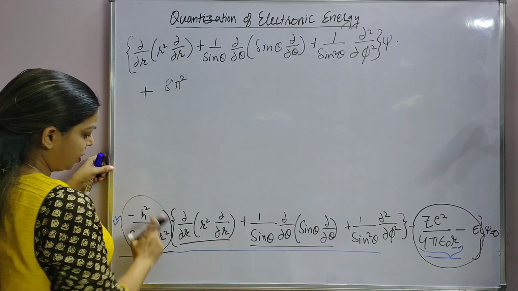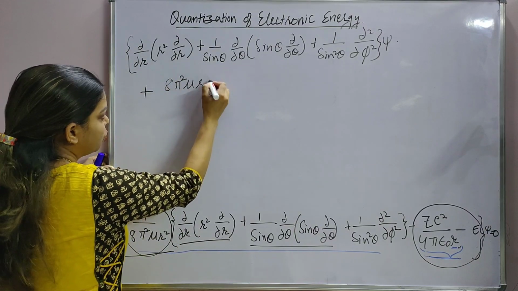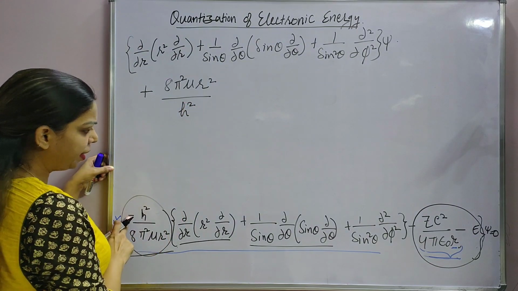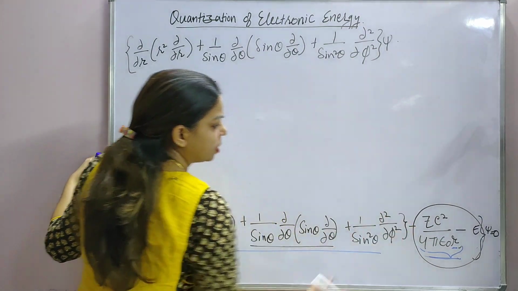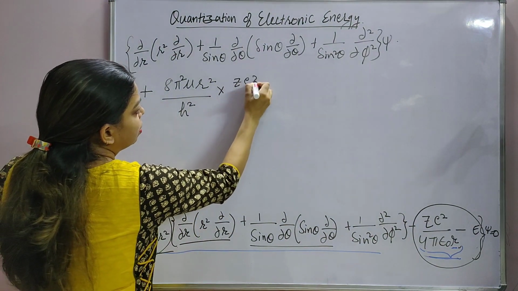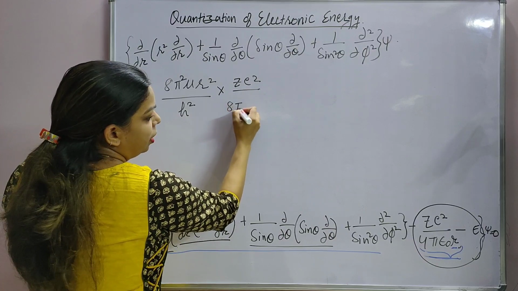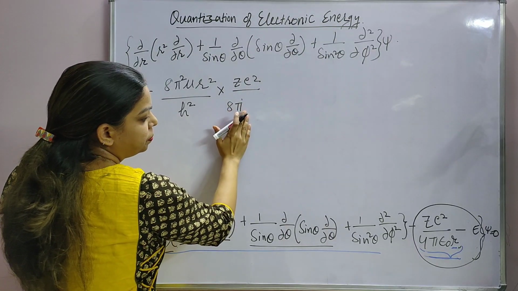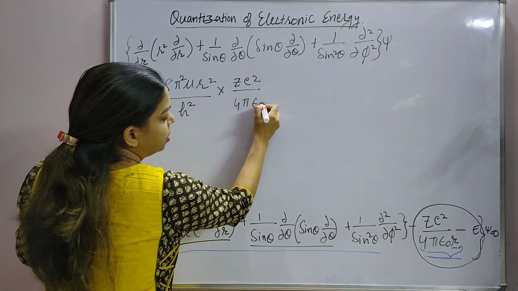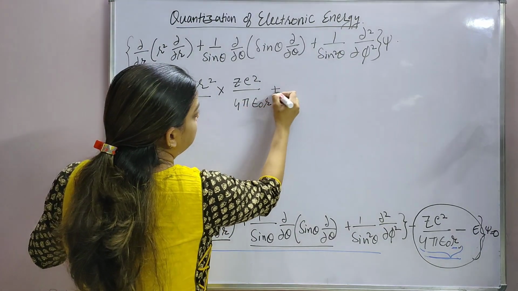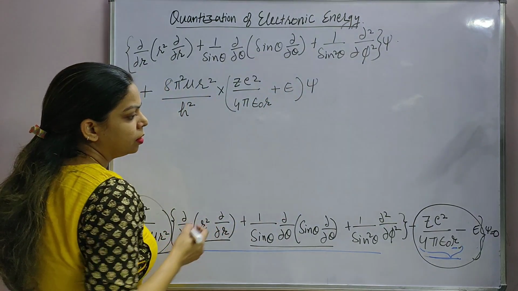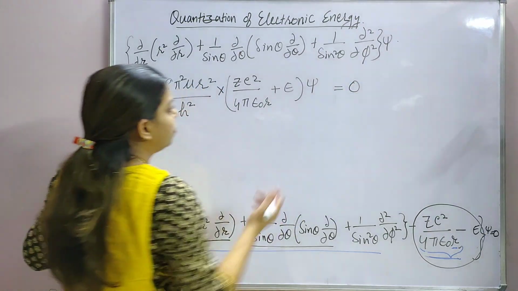8 pi square, this factor, mu r square over h square, minus, and this minus will become plus, into 8 pi, this is 4 pi epsilon naught r plus e, and psi is equal to 0.